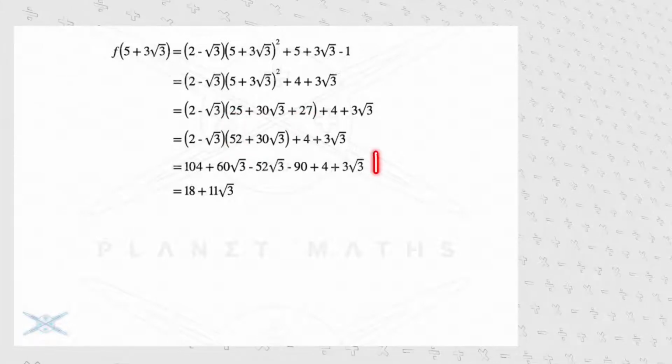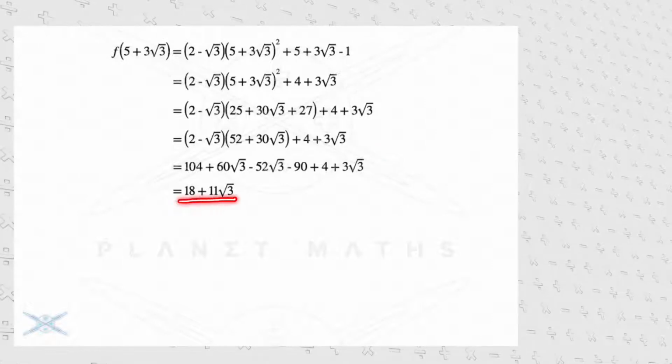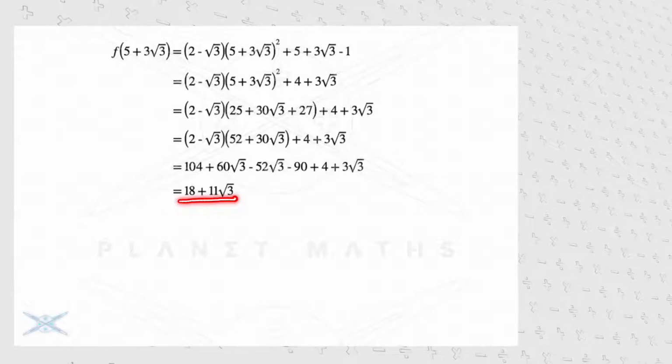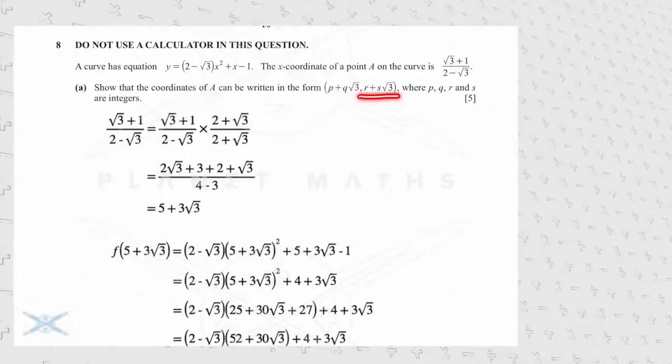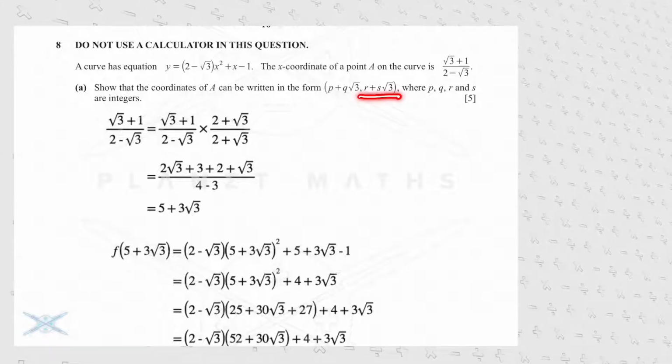After expanding and simplification of the entire expression, we should conclude that the value for the y-coordinate can be represented by 18 plus 11 multiplied by the square root of 3, which is in conjunction with the requirements as stated at the outset of this exercise.